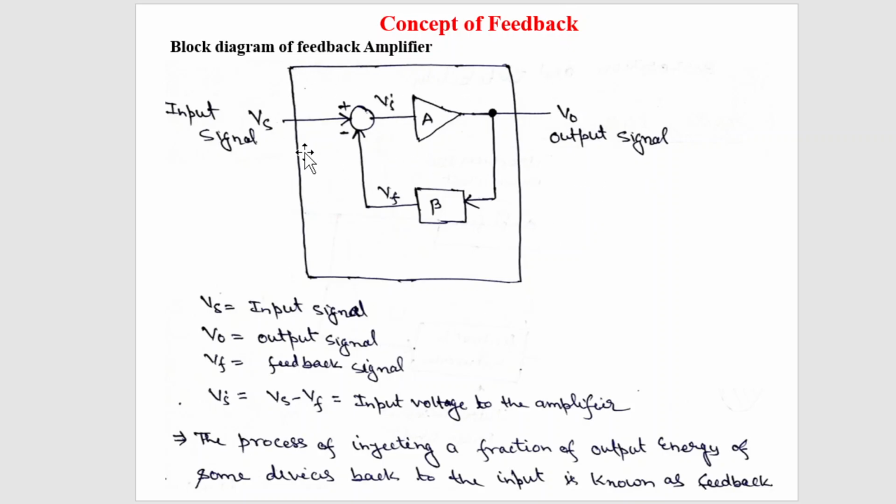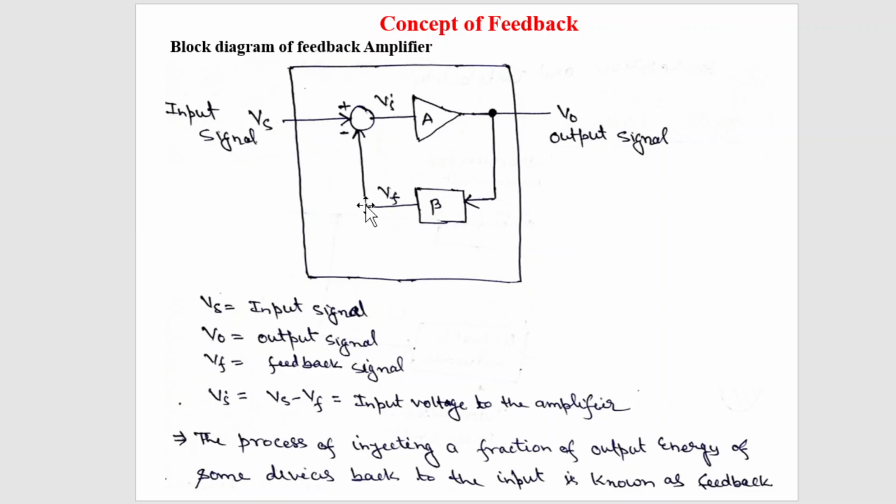In the block diagram, Vs is the input signal, Vo is the output signal, and Vf is the feedback signal, which is a fraction of the output signal fed to the input. This Vf will be different from Vo because it is a feedback voltage, a fraction of the output voltage.